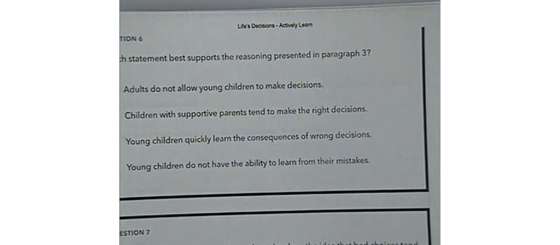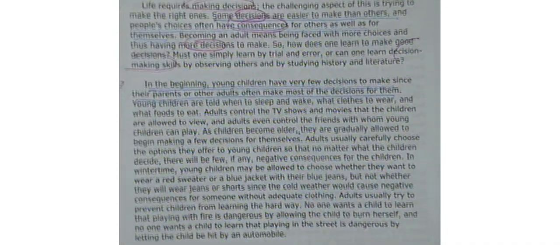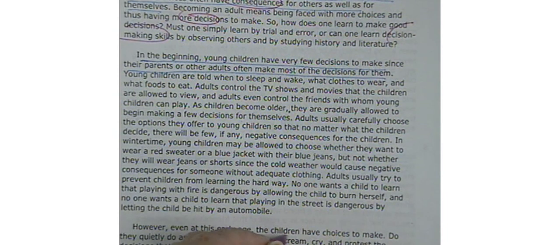All right, moving on to question 6. Which statement best supports the reasoning presented in paragraph 3? So in order to answer this, you should have gone to paragraph 3. Paragraph 3 talks about how adults impact the decisions that children will make, and then about how children end up making their own choices.